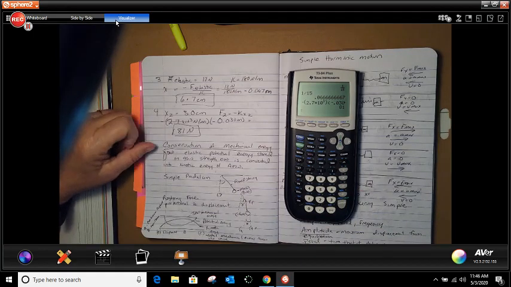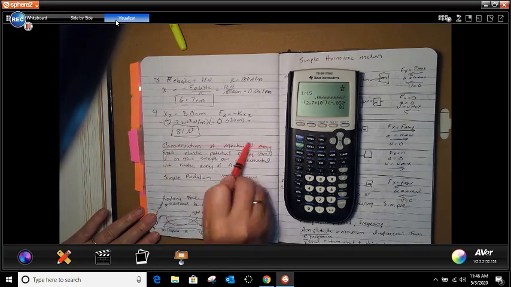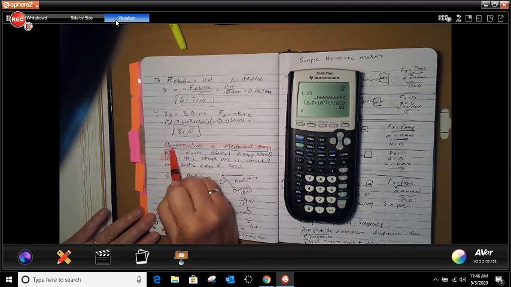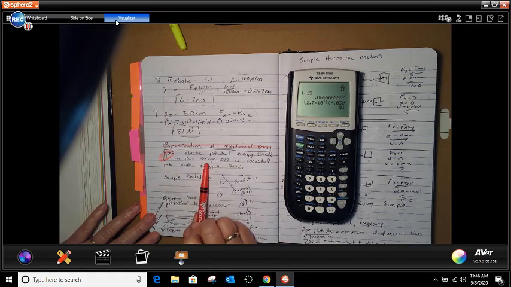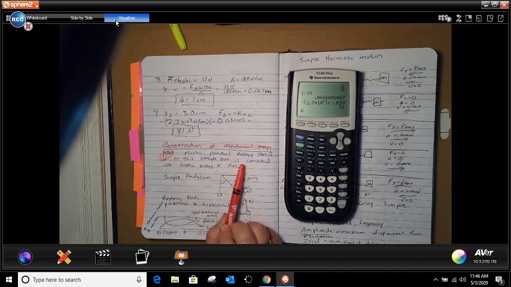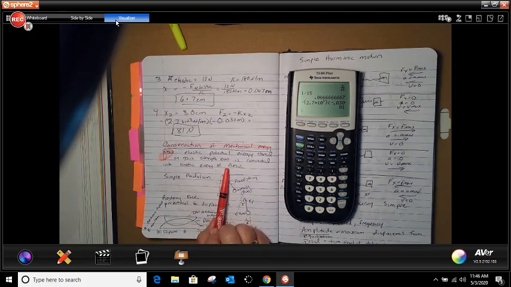The next thing it talks about is the conservation of mechanical energy. It gives an example of a bow, where the elastic potential energy stored in the strained bow is converted into kinetic energy of an arrow.